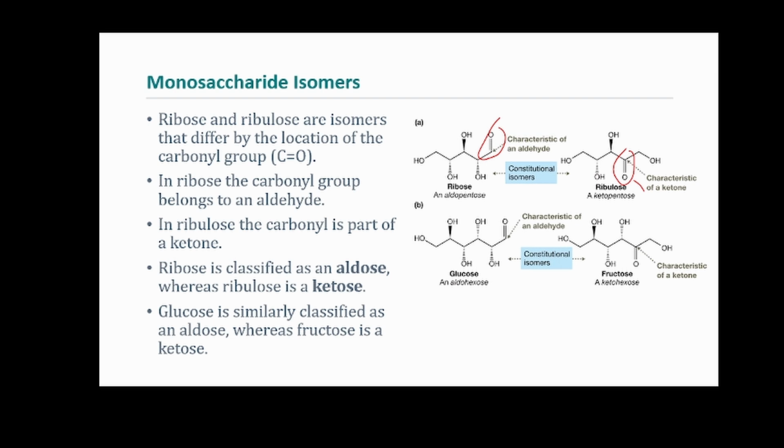Aldose, aldehyde, right? Ketose, ketone. Okay. Ribose is classified as an aldose. Ribulose is classified as a ketose. Glucose is similarly classified as an aldose. Fructose is actually the ketose structural isomer of that. Okay.